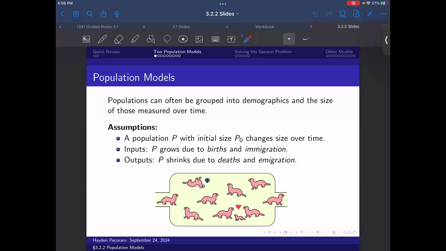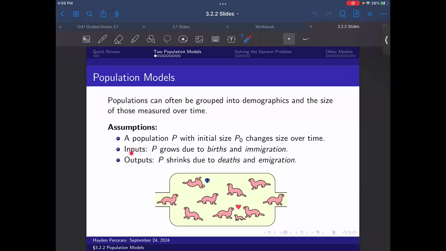You can look at other demographics, whether they're international students or domestic, or whether you're out of state. So all sorts of different things can be done with populations. And usually what we want to do is model the size of a particular population over time. So say, all right, students between the ages of 25 and 30 over the years from 1970 to 2010.